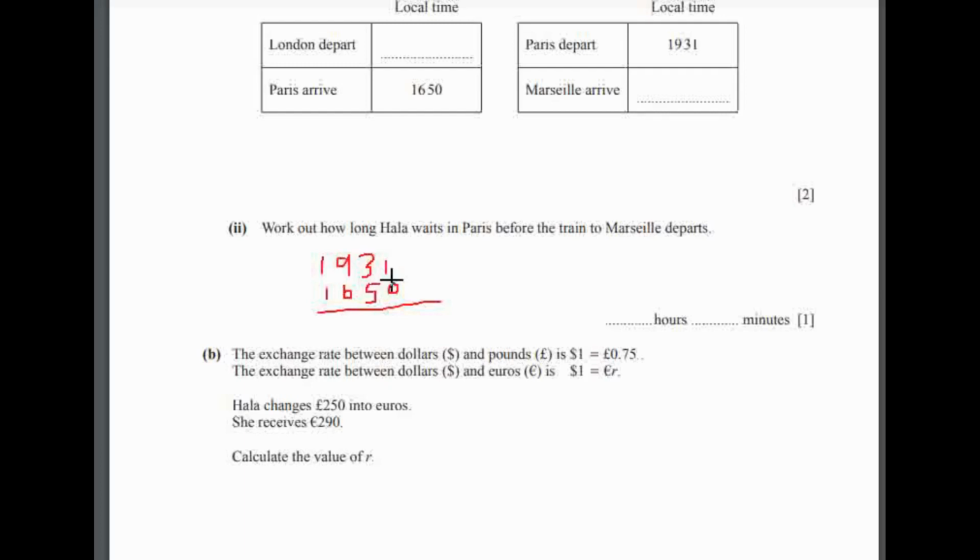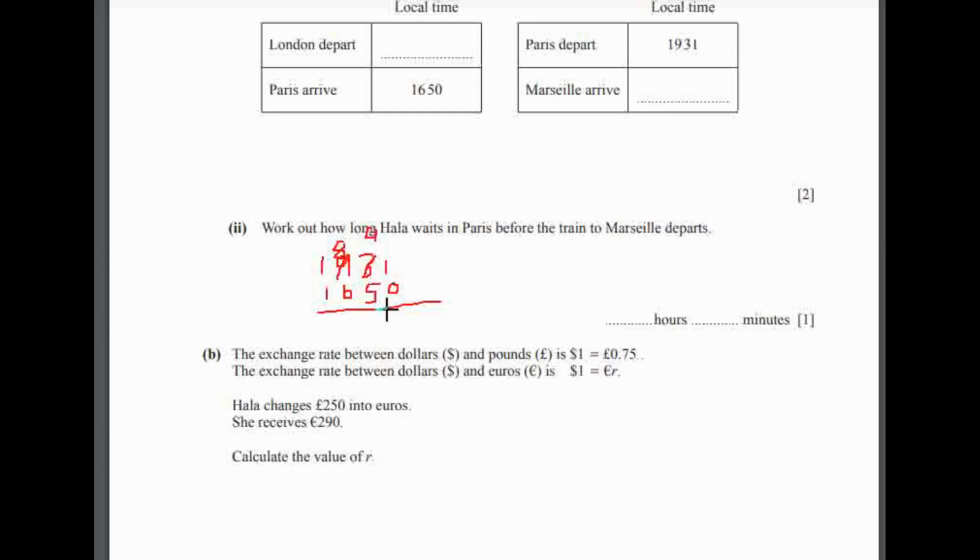Now 50 cannot be subtracted from 31 straight away, so we have to borrow 1 from the hours. This is hours and this is minutes. If we borrow 1 hour, then 60 minutes will be added to 31. The 19 becomes 18, and 60 plus 31 is 91.